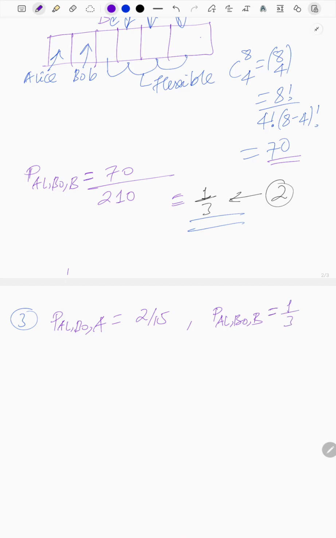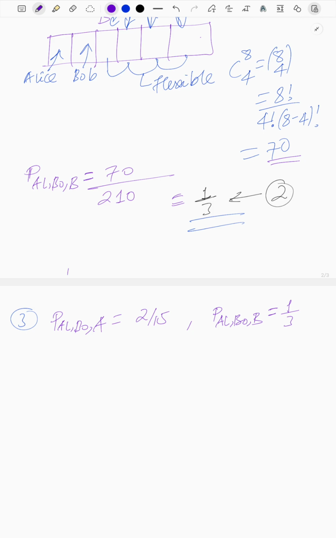And the third one is asking the probability that Alice and Bob are assigned to the same group. So, in other words, the question is asking for the probability of Alice and Bob to be either in group A or in group B. So we are ensuring both of them are assigned to the same.